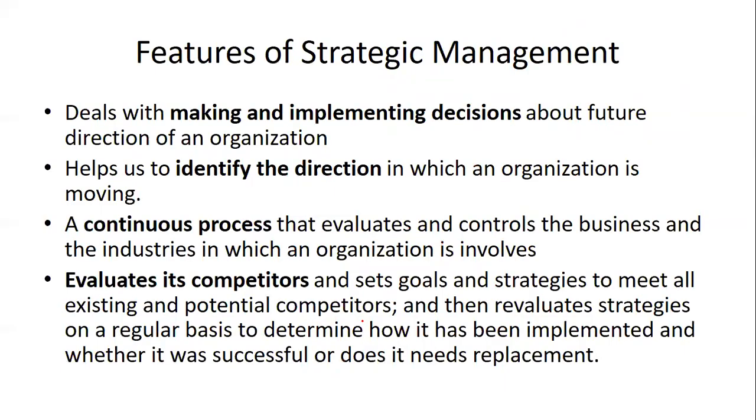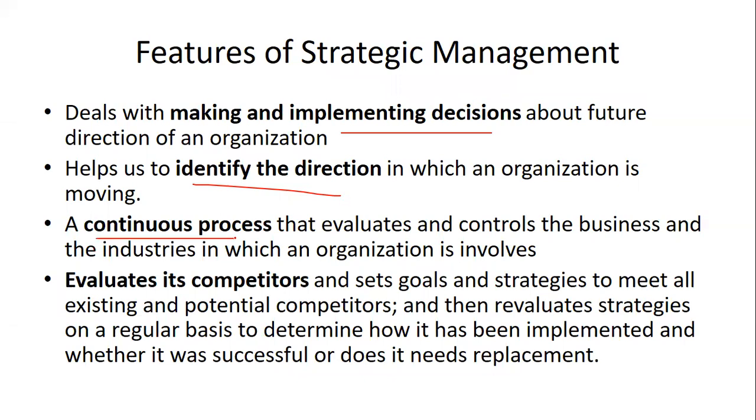Now let's understand the features of strategic management. Once the definition is clear, features become easy: implementing the decisions regarding the organization's goals from the future point of view, and identifying the direction in which the organization needs to move.